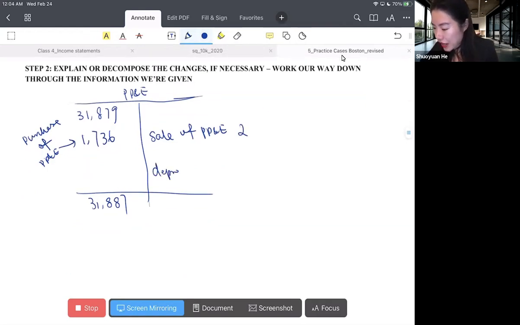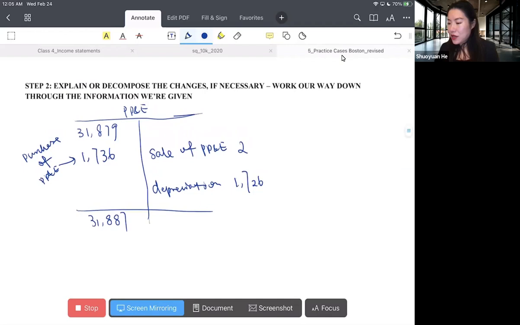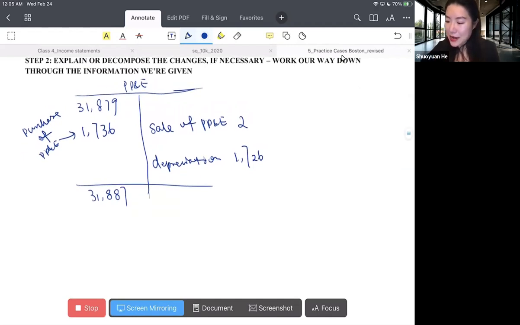And depreciation, 1,726. So the purchase of PP&E is an investing activity. Sale of PP&E is also an investing activity, and depreciation, that's operating.